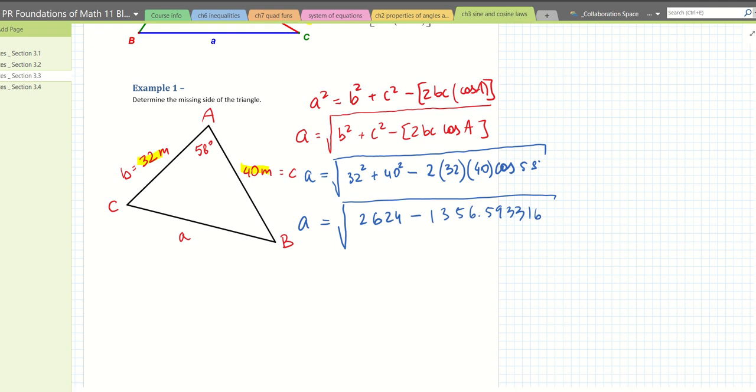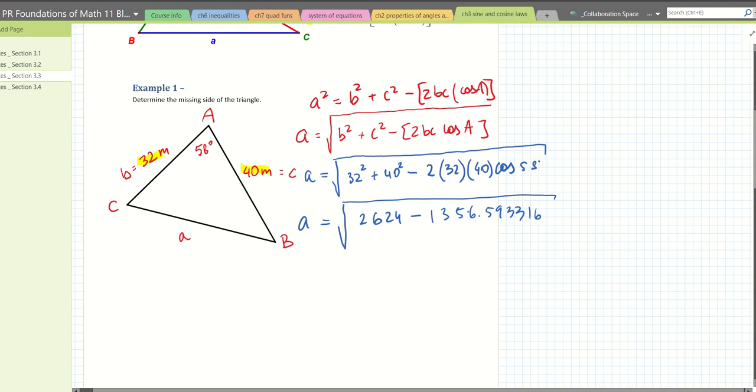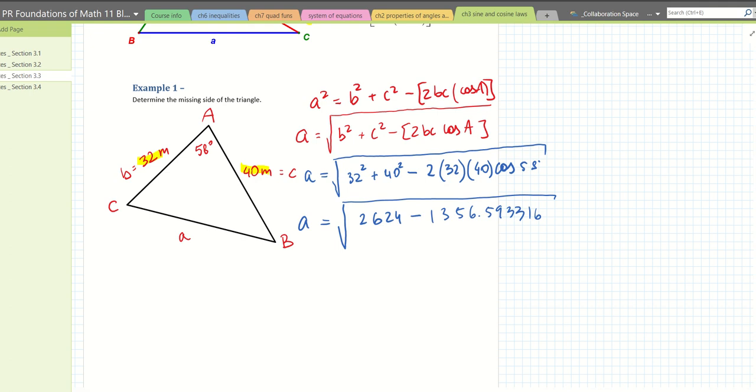Right, so as you can see here, this number is bigger than that number. So we will end up with a positive number inside of the square root. If you end up with a negative inside of your square root, that means that there's no solution, so this is not a triangle, or perhaps you made a mistake somewhere.